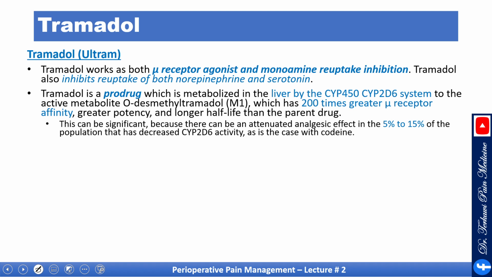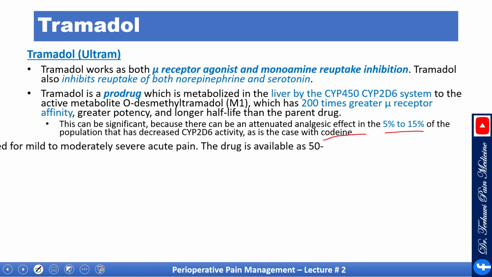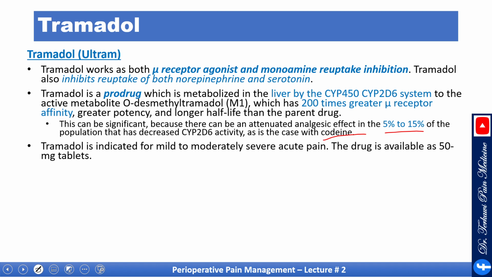This can be significant because there can be an attenuated analgesic effect, again, in about 10 to 15% of the population, the same thing as we saw with codeine, the ultra-metabolizer and the slow metabolizer. Tramadol is indicated for moderate to moderately severe acute pain. The drug is available as a 50 milligram tablet.